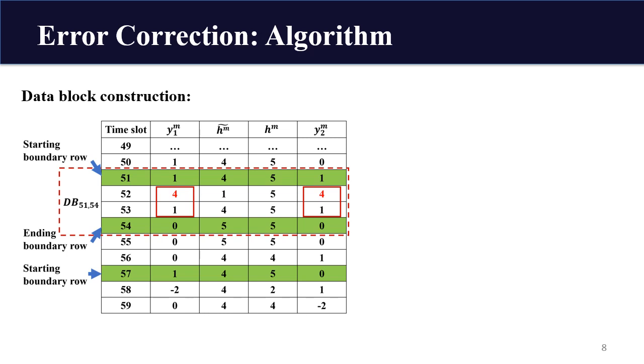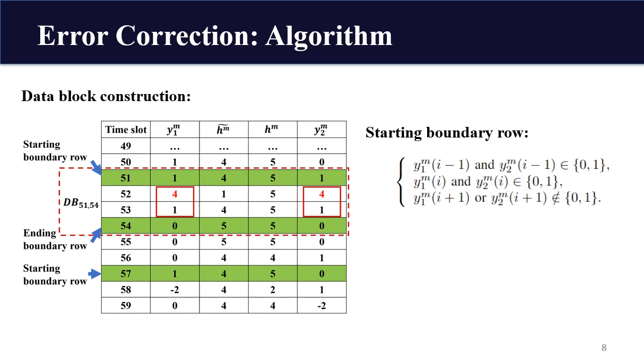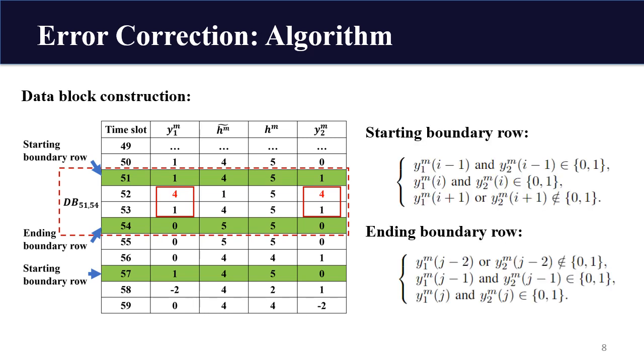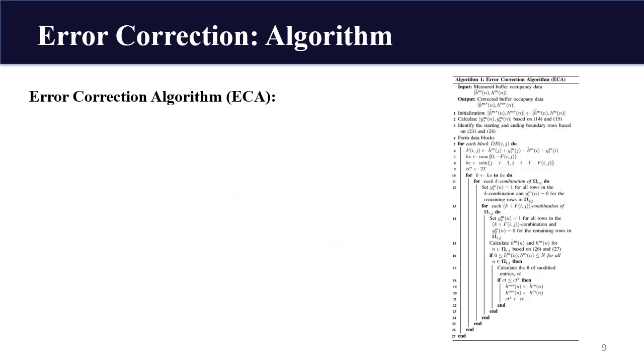The starting and ending boundary rows should satisfy these constraints. The starting and ending boundary rows thus created will result in a number of data blocks that cover a certain portion of the entire dataset. Next, the data blocks created above will be treated independently by the data error correction algorithm. This is the basic logic of our algorithm.